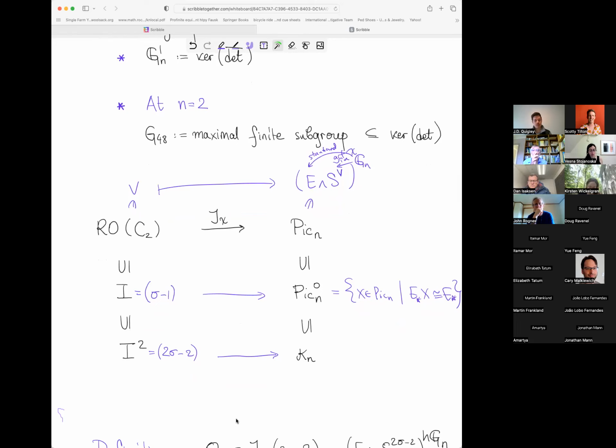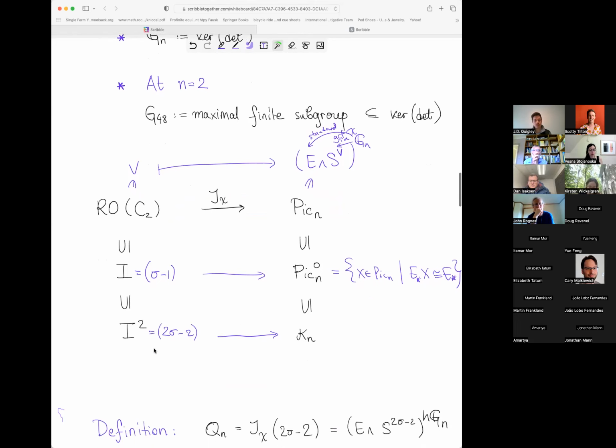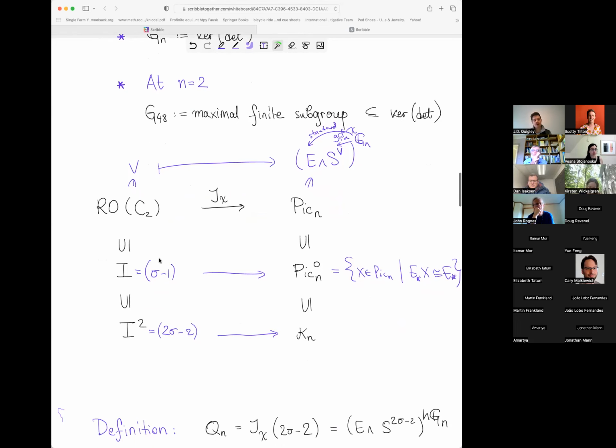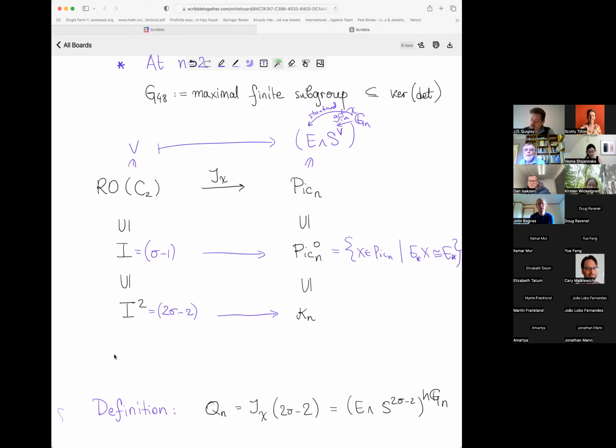So actually, right, this construction we can make at any point. So here's a definition of a specific element in this Picard group, or in kappa_n if you want, and that is the image of the generators of the square of the augmentation ideal.